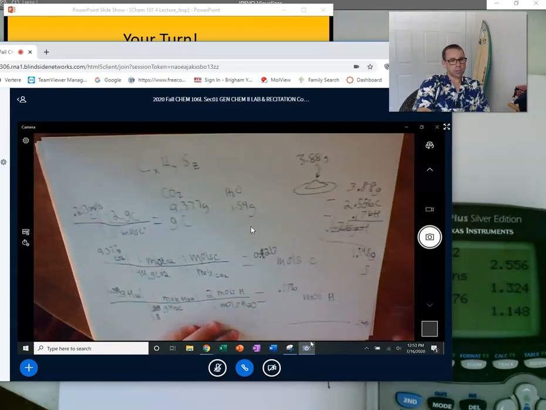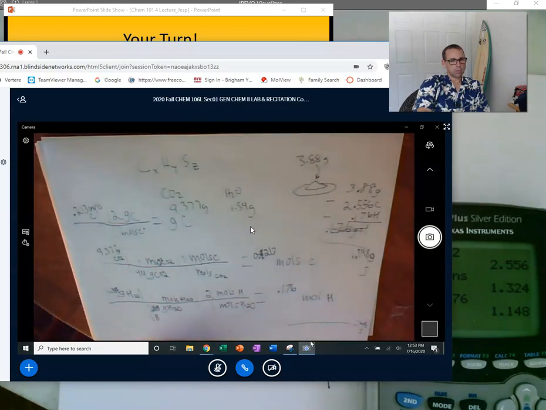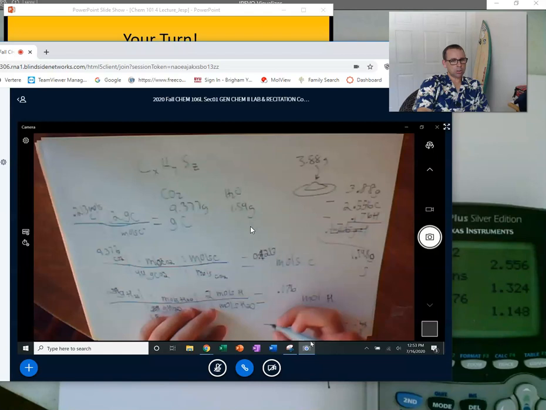Moles of sulfur over there. Good. 1.148 grams of sulfur. Grams of sulfur. Moles of sulfur.